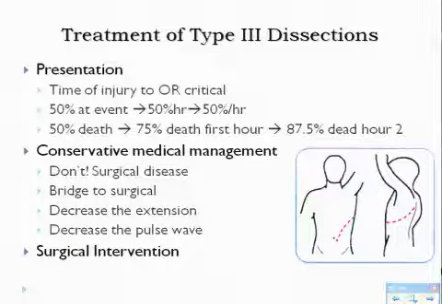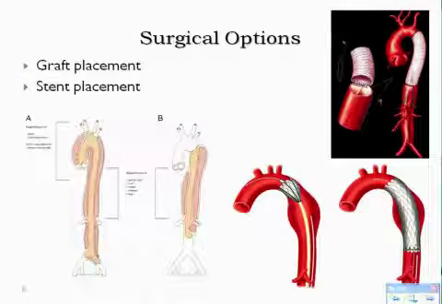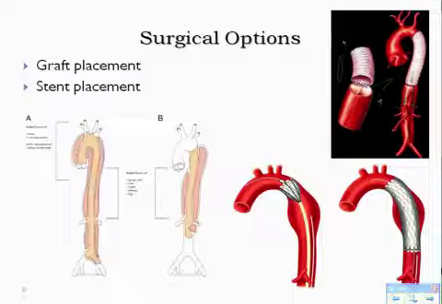The critical part of this procedure is to keep it under 30 minutes. 30 minutes is the critical time from when they put the cross clamp on to when they remove it. That's the critical phase. The surgical options nowadays are two. We only had one before, which was graft placement. Graft placement means we cut open the aorta, replace it with a Gore-Tex graft, and close it back up.